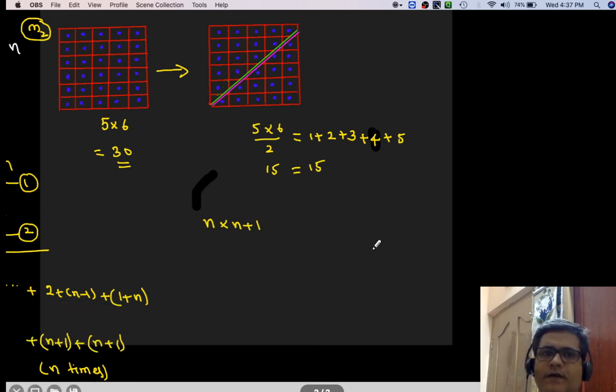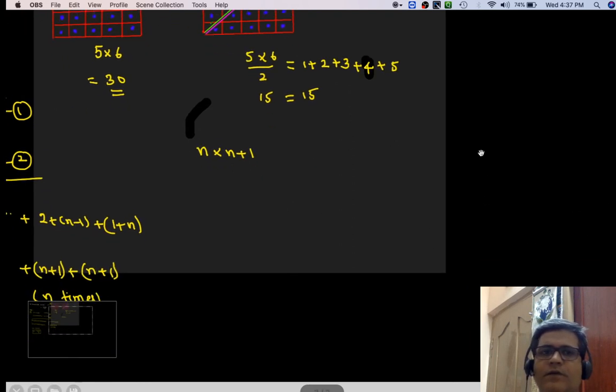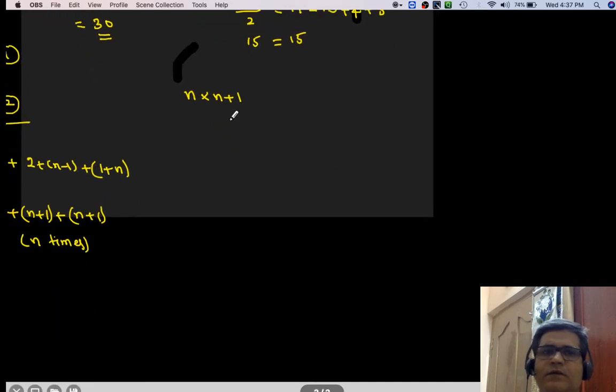How many columns are there here? 1, 2, 3, 4, 5 columns. Now the total number of dots in the n by n plus 1 grid is equal to n into n plus 1.